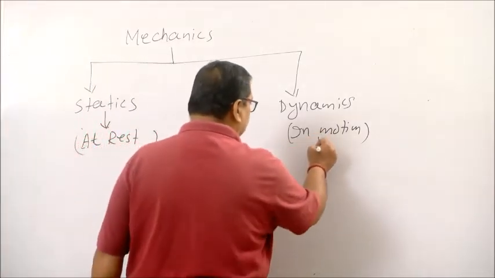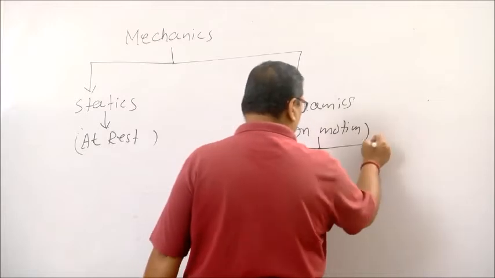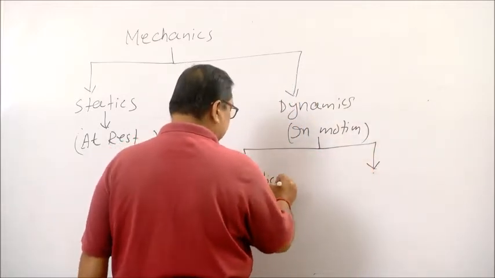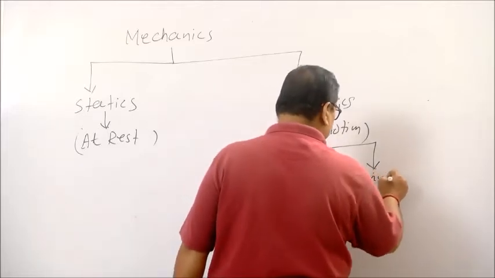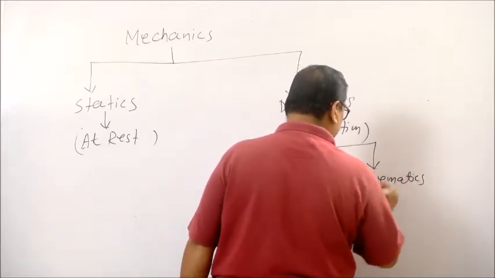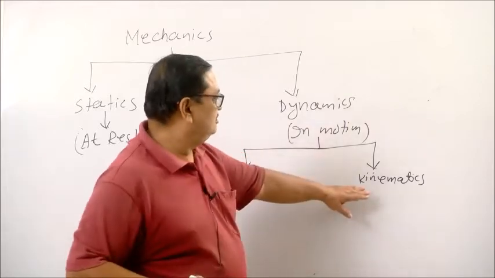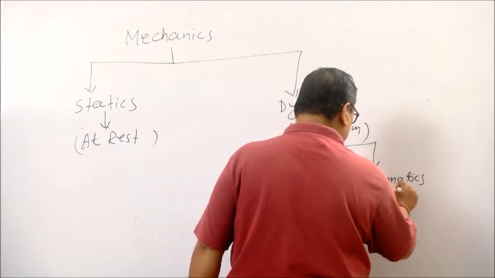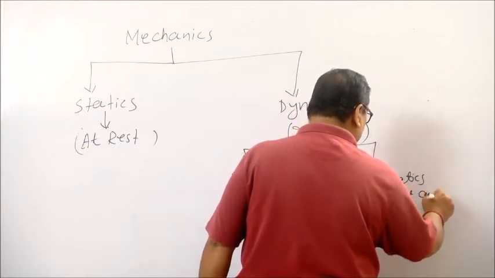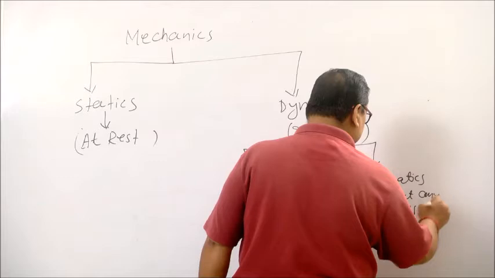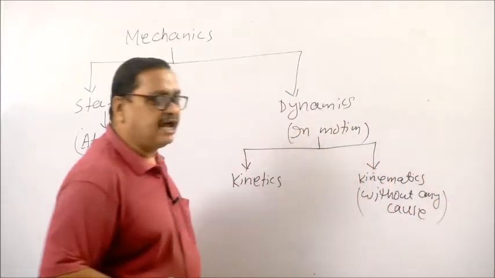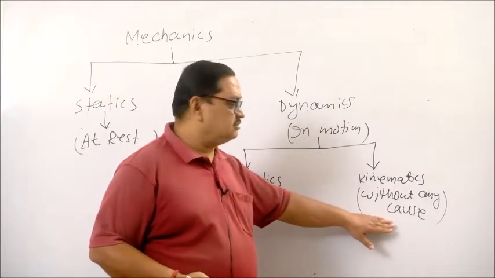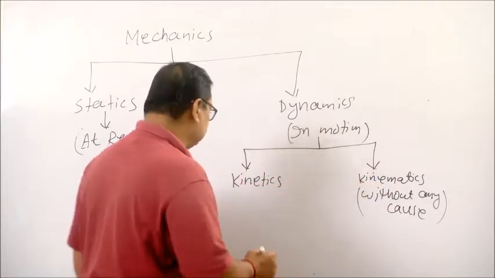Again, dynamics divided into two parts, that is kinetics and kinematics. Kinematics deals with study of a body in motion without any cause. Suppose a body is in motion, what are happening? We are not bothered about the cause of the motion, then that is known as kinematics.